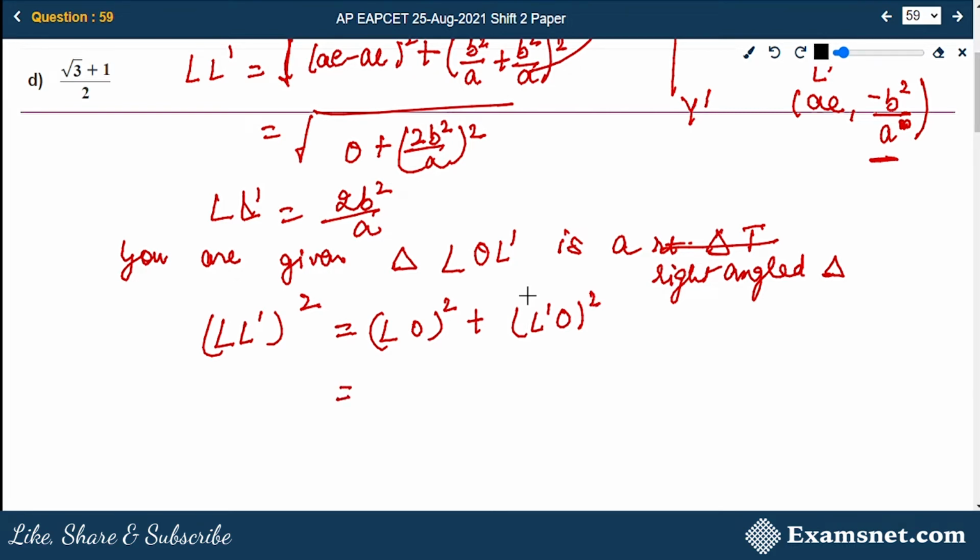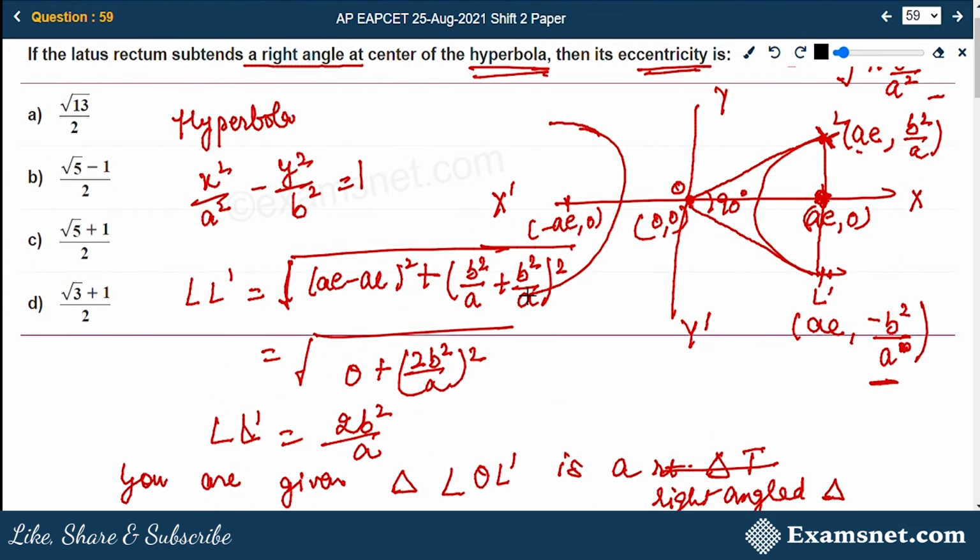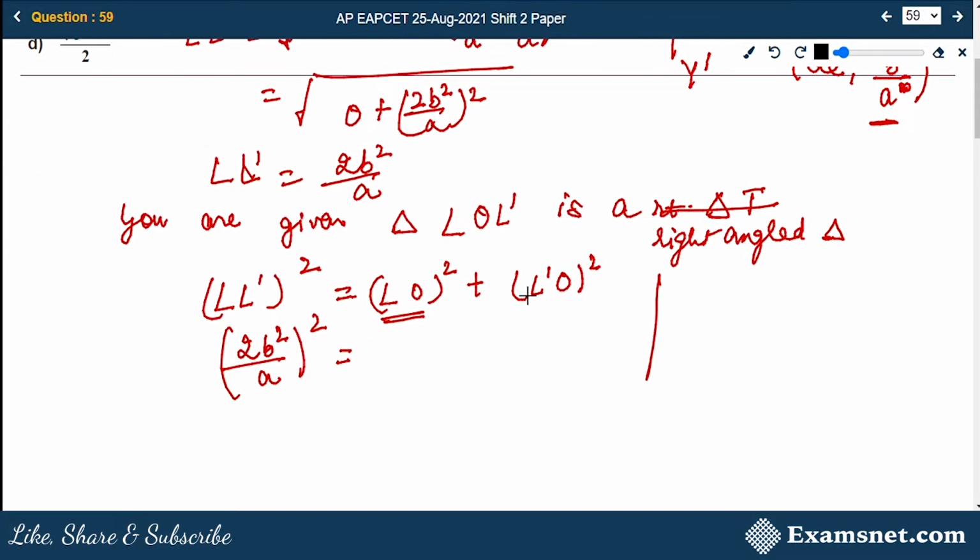So what was L L dash? We just found out that was 2b square upon a, right? The square of it will be like this. LO dash, what is LO dash? See, this point is (ae, b square upon a) and this is (0, 0). So let's find out first of all LO dash also. LO and LO dash are the same, so I'll just find out LO only in this case. So this is (ae) square minus 0 square plus (b square upon a minus 0) square, right?